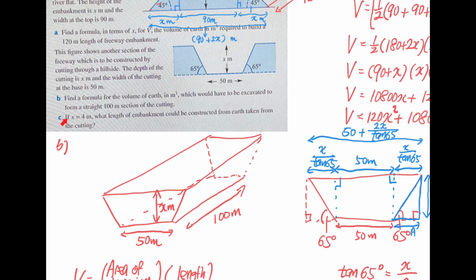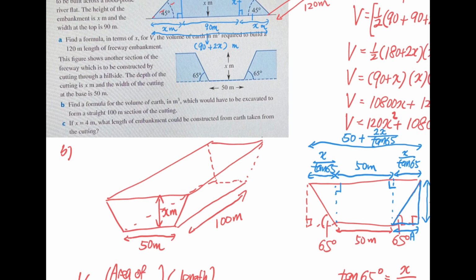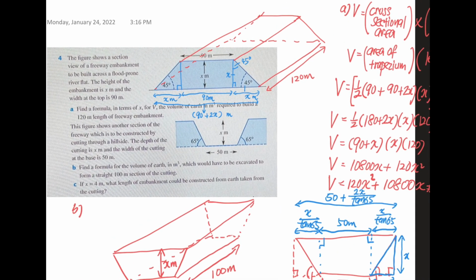So x is 4. What length of embankment? You see here, the length of embankment, of course, is going to be this one. This is the embankment, the freeway embankment, which could be constructed from earth taken from the cutting.